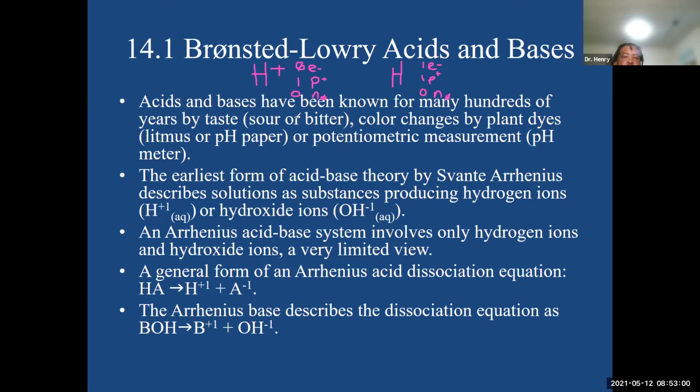Arrhenius looked at it as the hydrogen ion and the hydroxide ion. An acid always has a hydrogen ion, and a base always has the hydroxide ion. That's the system we've been used to, and the pH system is based upon Arrhenius.